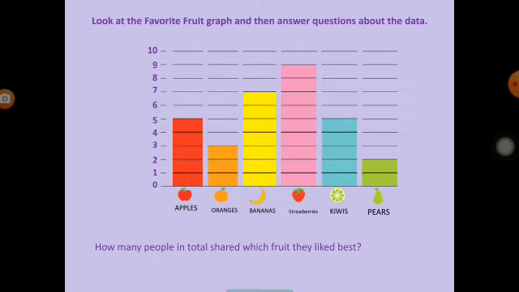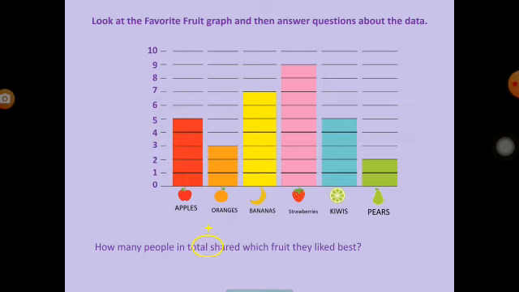We are going to read the question again. Here, I have the keyword total. So, total, here I'm going to do plus, like all.